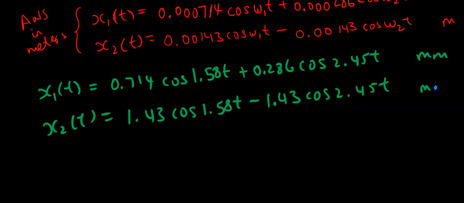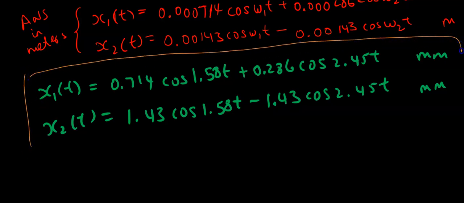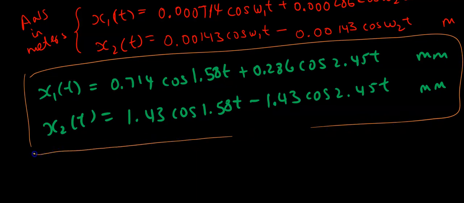Millimeters. And these expressions that I'm about to circle in orange are your expressions for the actual displacements of x1 and x2 in time when there are the given initial conditions.